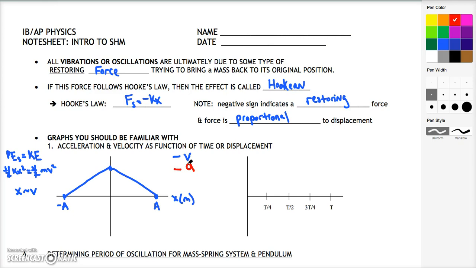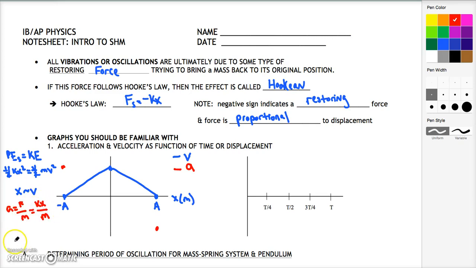So let's do the acceleration now in red. The acceleration was at a maximum at the extremes. So at negative A, let's say it was a positive acceleration, and at positive A, let's say it was a negative acceleration. To connect those two, we know that a is equal to F over m, from the second law of motion, and that the force here is Hooke's law, kx, over m.